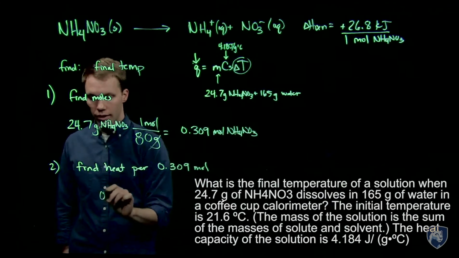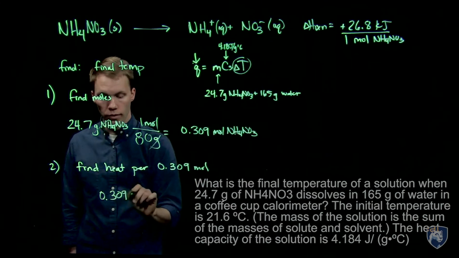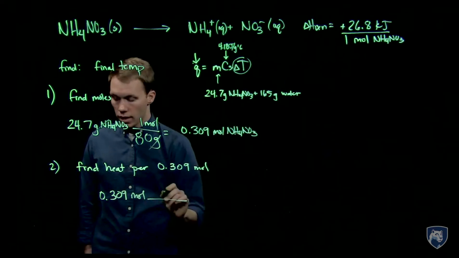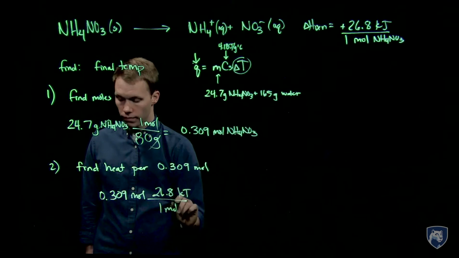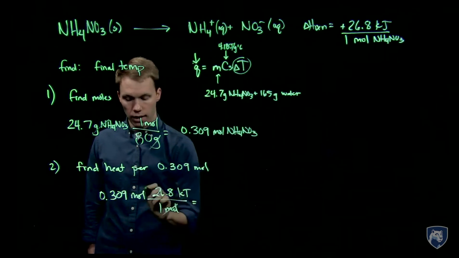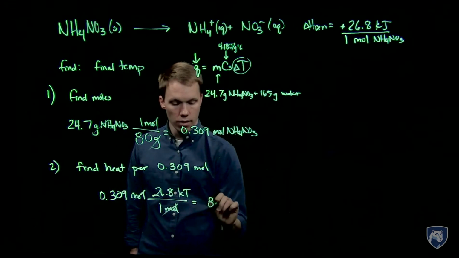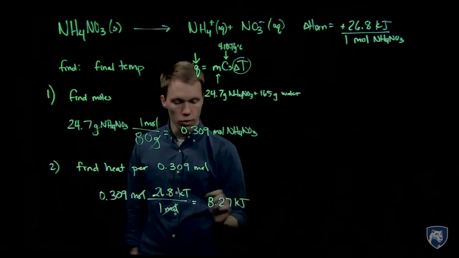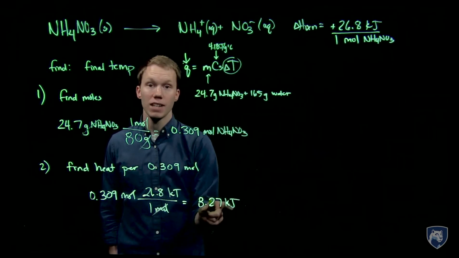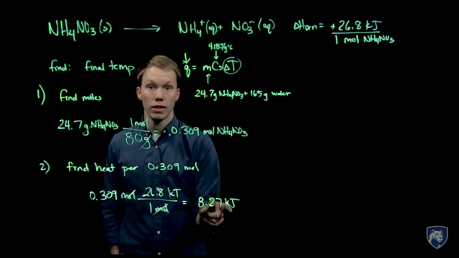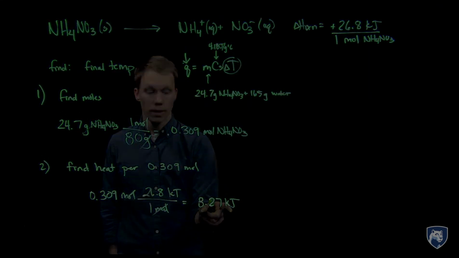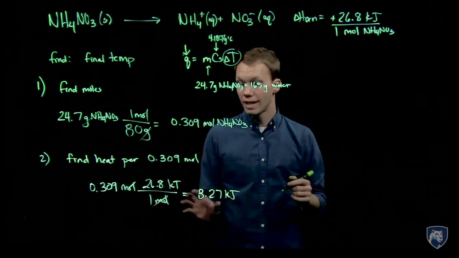And that's going to be calculated by doing a unit conversion. 0.309 moles times 26.8 kilojoules per 1 mole, and that gives me 8.27 kilojoules. And this is the amount of heat that is absorbed by that chemical reaction in the process of dissolution. And now we have a heat.